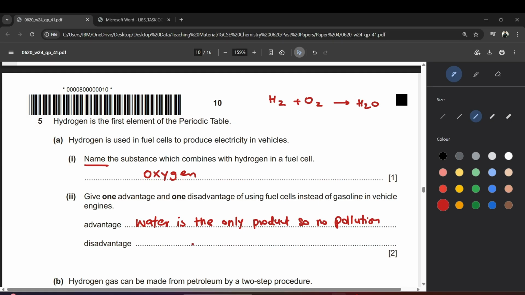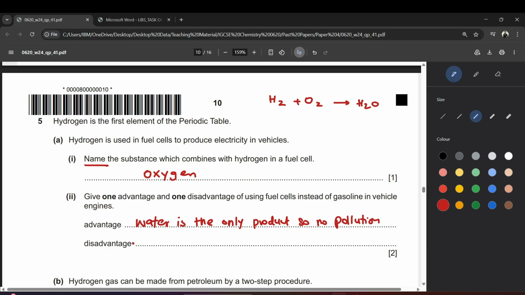Okay, then the disadvantage could be that it is difficult to store hydrogen, because hydrogen has to be stored under high pressure. It's a gas, right? So unlike liquids like petrol, for gases like hydrogen, they have to be stored under high pressure in special tanks.